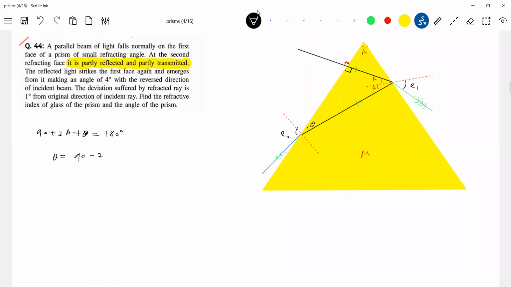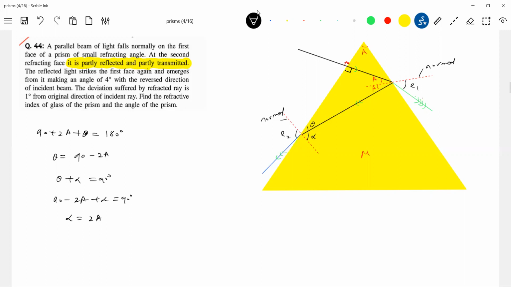Theta should be equal to 90 minus 2A. Then theta plus this angle alpha should be 90 because this is a normal. Substituting theta: 90 minus 2A plus alpha equals 90. So therefore alpha is equal to 2A.